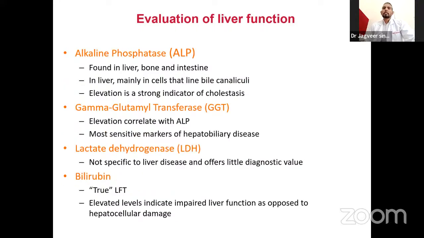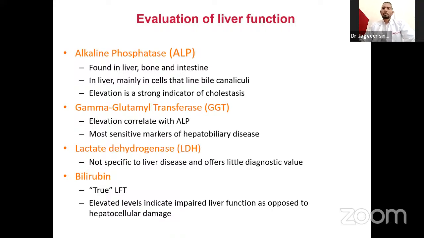Similarly, alkaline phosphatase is also found in liver, bone, and intestine. In the liver, it is mainly in the cells that line the bile canaliculi. So whenever obstruction of bile flow occurs, the ALP rises. It's a strong indicator of cholestasis. Similarly, gamma GT level correlates with the ALP, and this is the most sensitive marker of hepatobiliary disease.